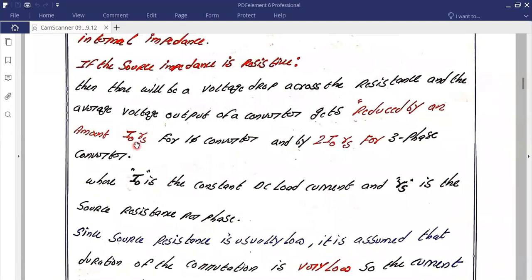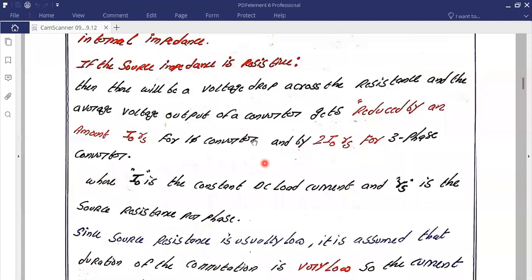While in the case of a three-phase converter, you may have 2 into I naught RS, where RS is the internal resistance of the source for each phase.